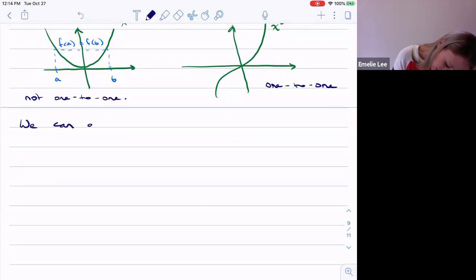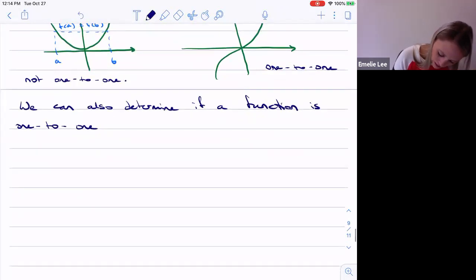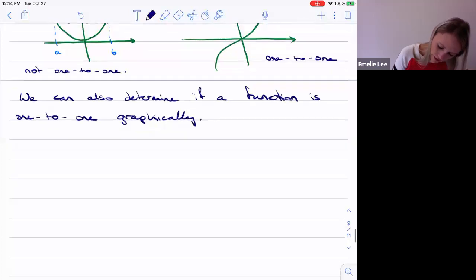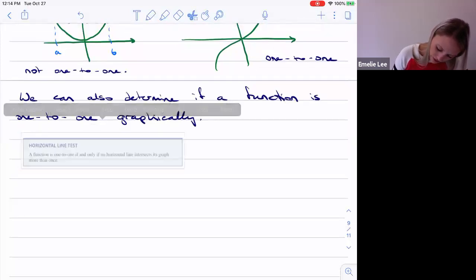So we can also determine if a function is one-to-one graphically. And then I'll put in the horizontal line test.